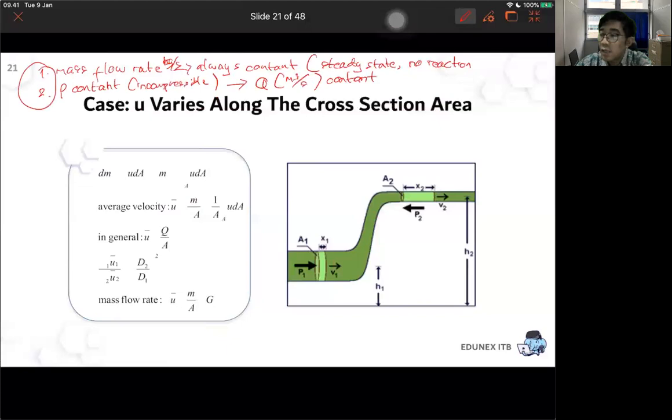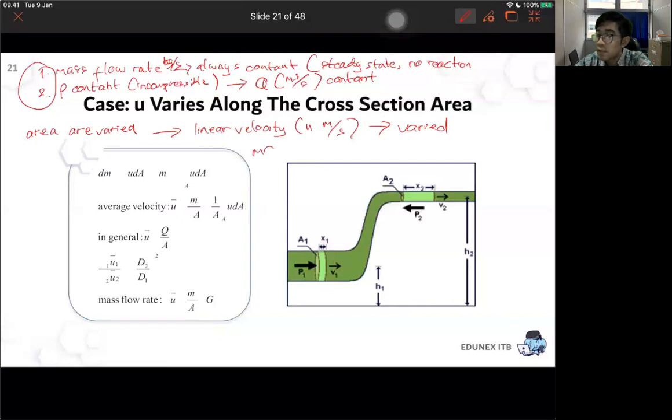But if the area is changing, for example, like the green figures on the right, so if the area is varied, then the linear velocity, the unit is meter per second, is also varied.